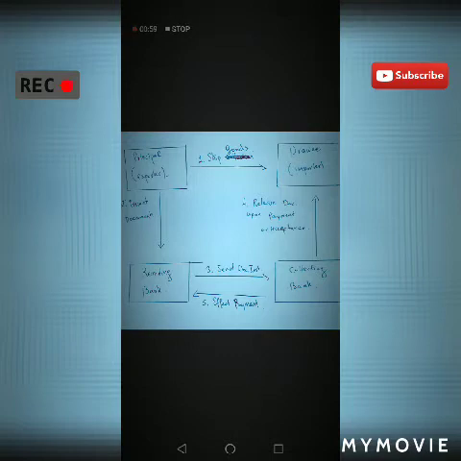In this case, the collecting bank releases the documents to the drawee, the actual importer. If and when the bill of exchange is paid, the importer's bank, the collecting bank, will send the funds to the remitting bank for credit to the principal's account. So this is the workflow of the collection.